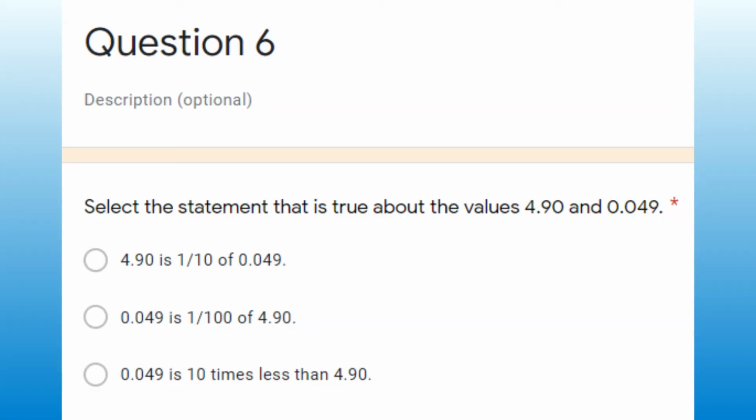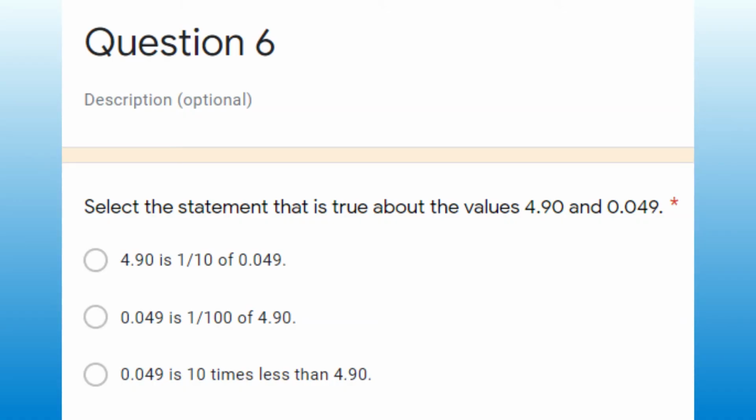Number 6 says select the statement that is true about the values of 4 and 90 hundredths and 49 thousandths. Look at those digits again very closely, because you're noticing 4 and 9 right next to each other. It appears they're very similar, except the decimals have moved.